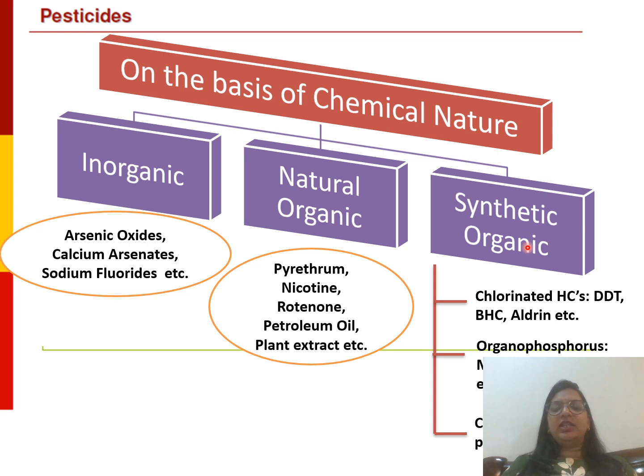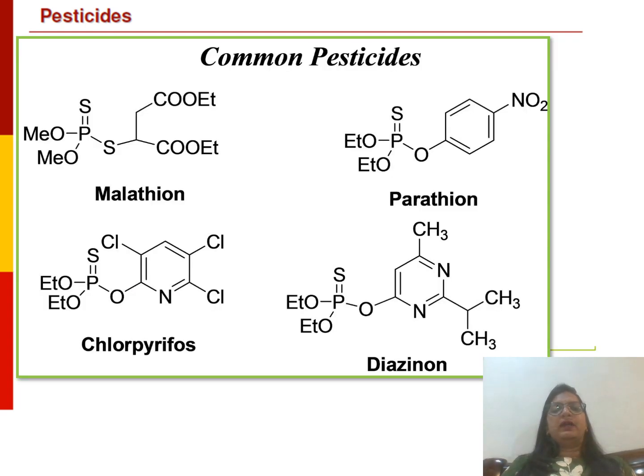In the synthetic organic pesticides category, we have chlorinated hydrocarbons like DDT, BHC, aldrin. We also have organophosphorus compounds like malathion, parathion. We also have carbamates, where carbaryl is one example. So here is a list, or the structures, of some common pesticides.